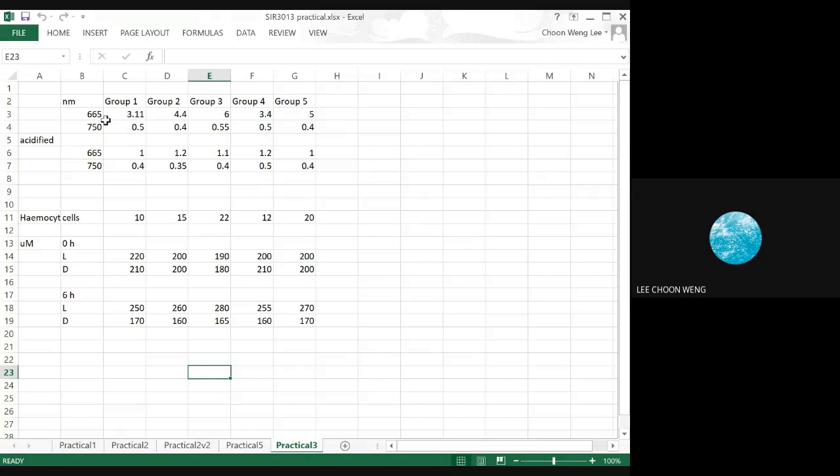So you have to carry out a filtration step first. Then you place the filter into acetone. The acetone will extract the chlorophyll A from the phytoplankton. Then your acetone will be greenish in color. So overnight extraction, then you measure.